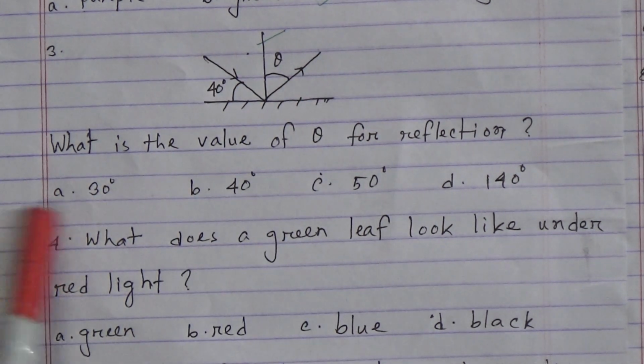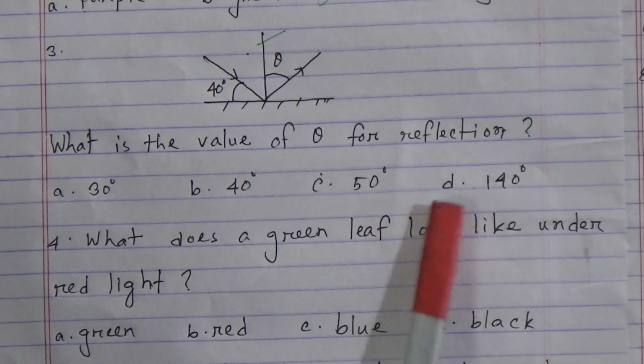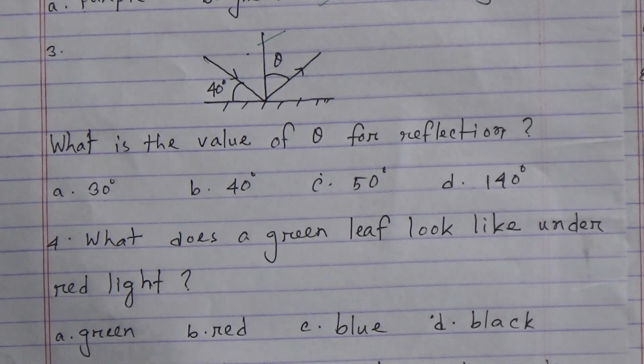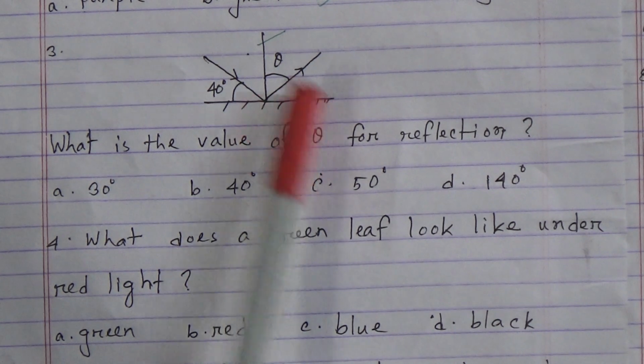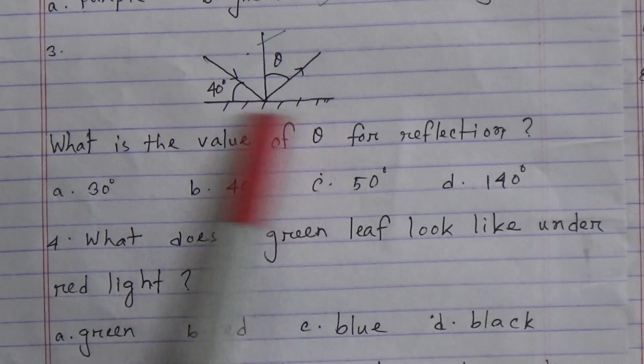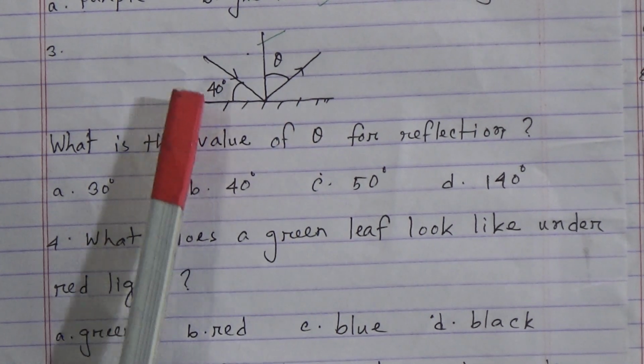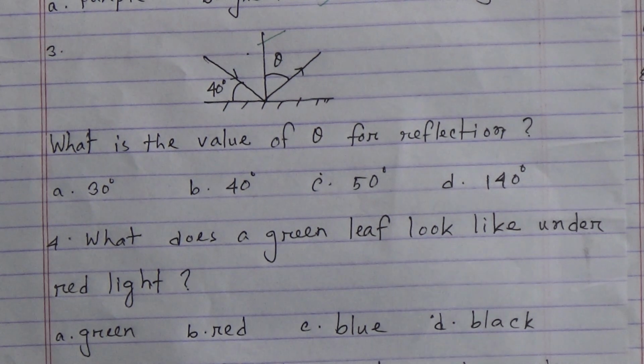Option A is 30 degree, option B 40 degree, option C 50 degree, and option D is 140 degree. My dear students, we have to find out the angle of reflection here. But here the ray makes an angle of 40 degree with the plane surface. That means we first have to find out the incident angle, then we will find the reflection angle.